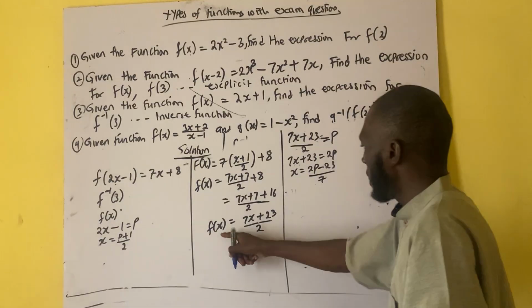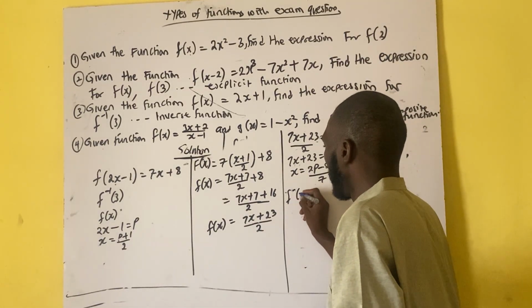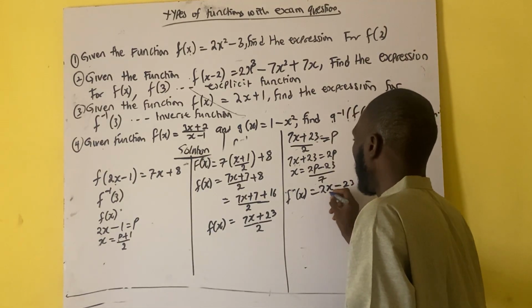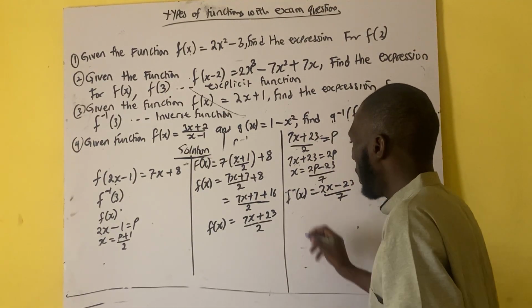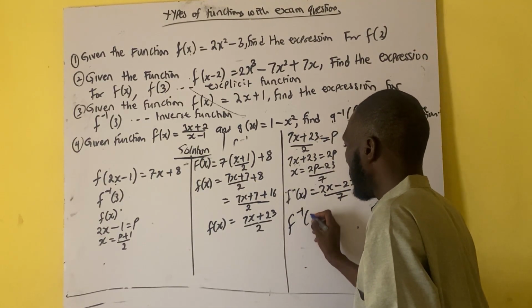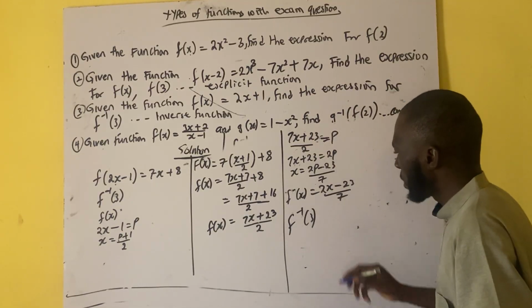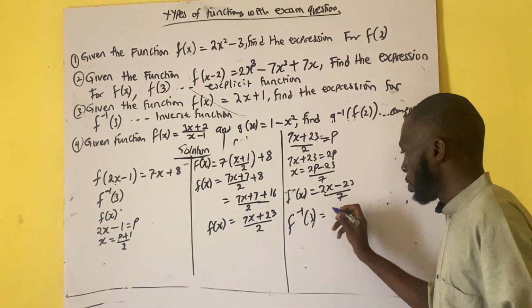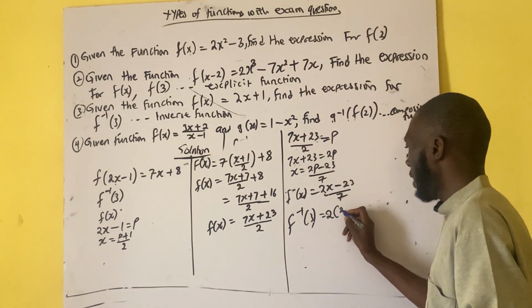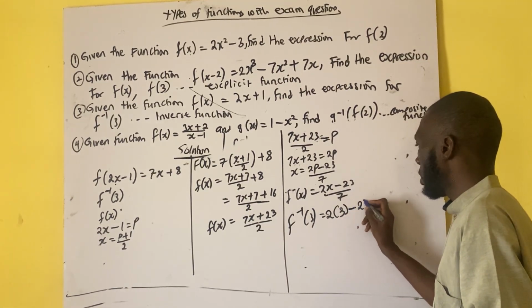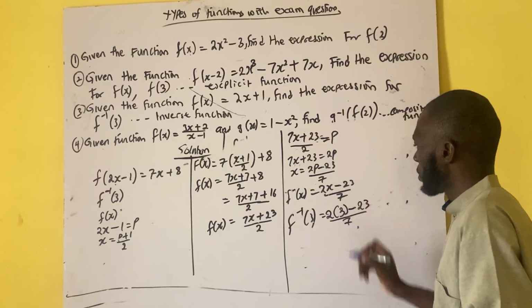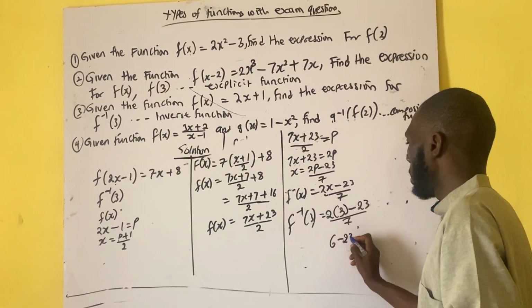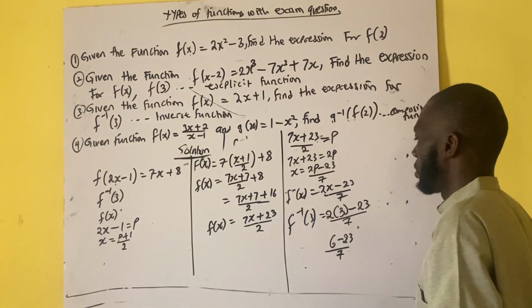So now my inverse is equal to 2x minus 23 over 7. When I have it as 3, anywhere I see x, I'll be inputting my 3 there. So we have 2 times 3 minus 23 over 7, so what I have here is 6 minus 23 over 7.